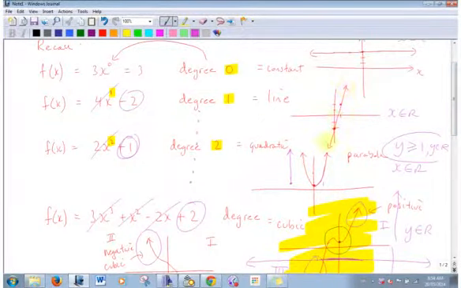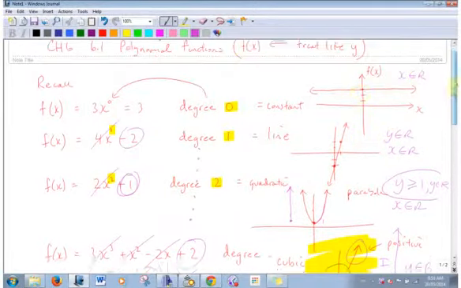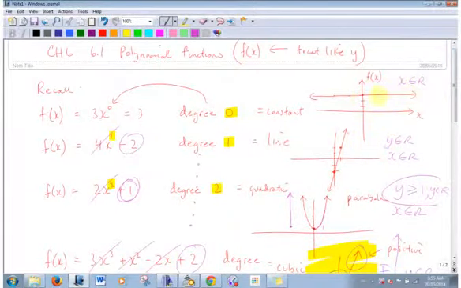Does this go up and down forever, the line? Yes. So that's all real. Does this line go up and down forever? No. How far up does it go? It's just that point, isn't it? It's not above that point. It's not below that point. That's the only y value there is.